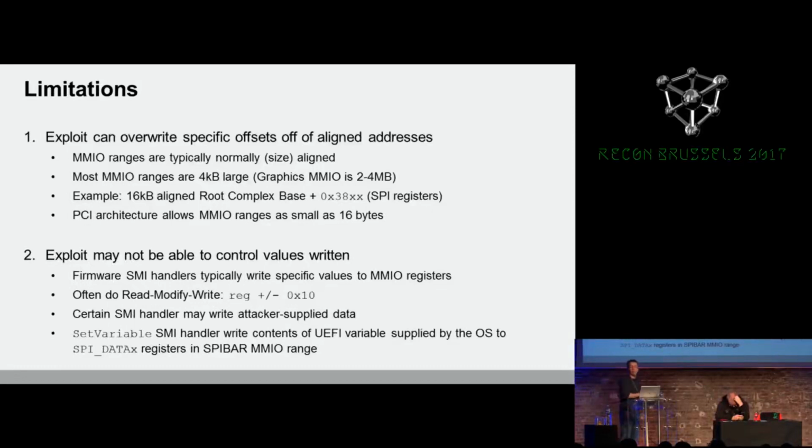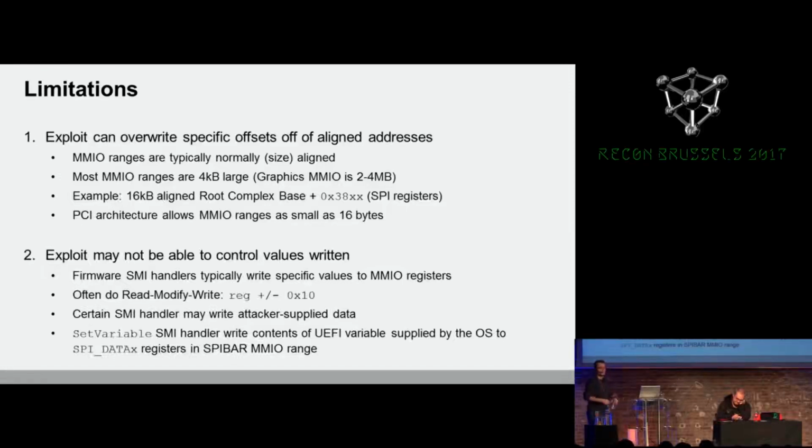But for 4 kilobytes, you have quite a few possibilities to override. But for larger bars, let's say 16 kilobytes, that becomes more difficult. For bars that are even larger, like the graphics device bar, those bars are 2 megabytes or 4 megabytes large.